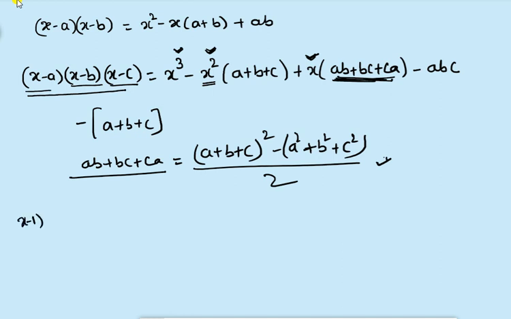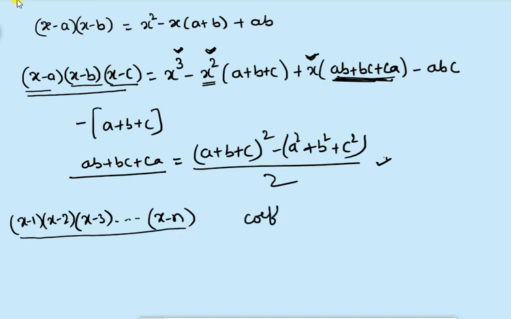Observe here, (x minus 1) into (x minus 2) into (x minus 3) into and so on (x minus n). Total these are n brackets. No doubt, tell me what is the coefficient of x to the power of n. x power n coefficient is 1 only, because the highest power is 3, its coefficient is 1 in this example. Now the next highest power is coefficient of x to the power of n minus 1.